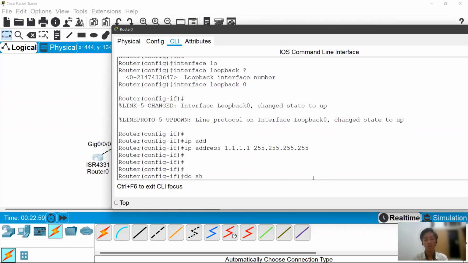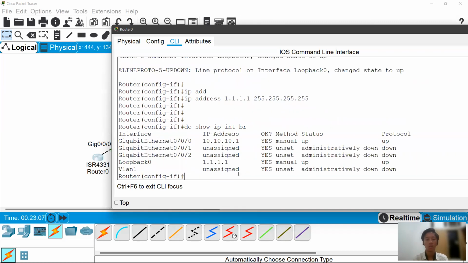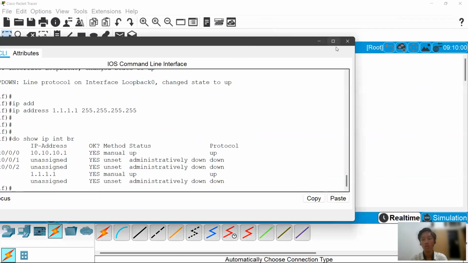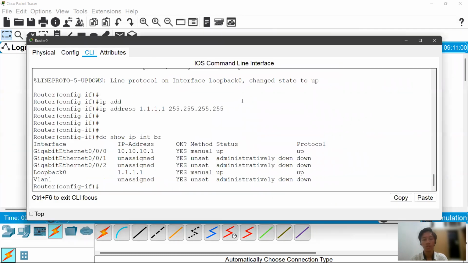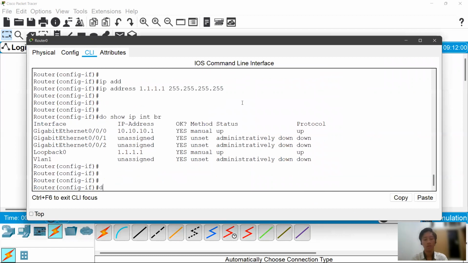We check again with show ip interface brief. Okay, the IP is up. Done. Don't forget to save with write.